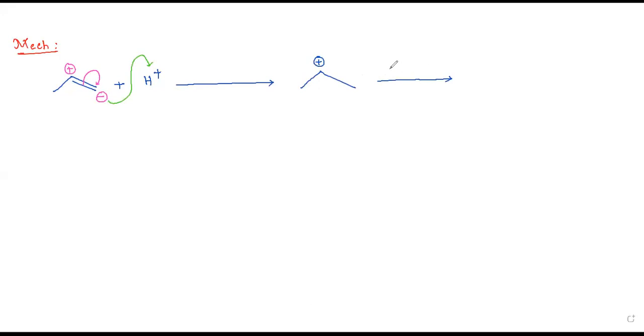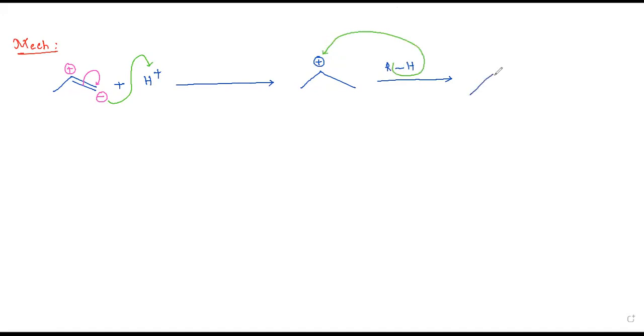Then take alkane now. I've added H plus already. So then go with this R minus. So you'll again get a H plus. I'm sorry, first step is the addition of, just a second. Now, initially, we add H minus, right? H minus and R plus is what we have to add.